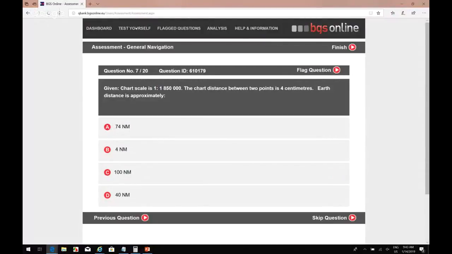Chart scale is 1 to 1,850,000. So we're going to do some reverse engineering on this one. The chart distance between 2 points is 4 centimeters.